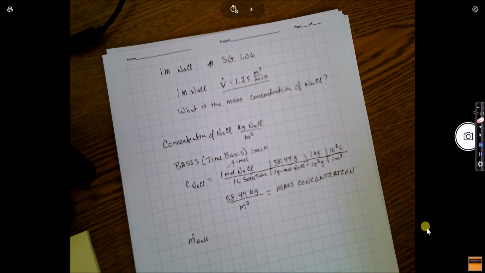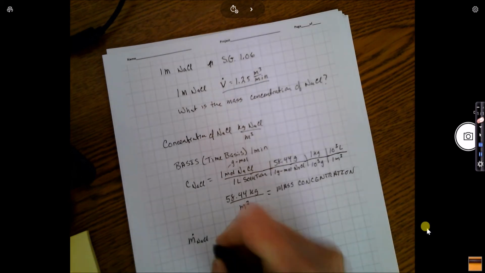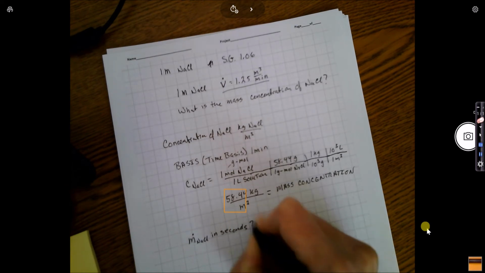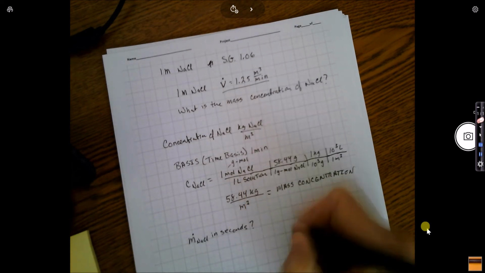So we want to know what the mass flow rate is. And so let's say we want to know the mass flow rate per second. Just for funsies, okay?